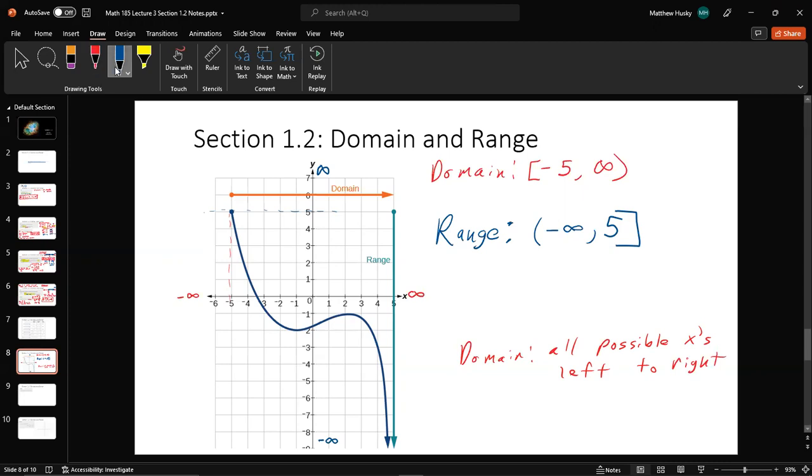The range is all the possible y's, which is another way of saying down to up, you always start low and go high. So that's down to up. Where does the graph go? So that is how you describe the domain and the range.